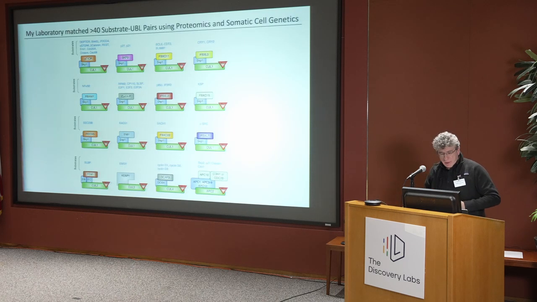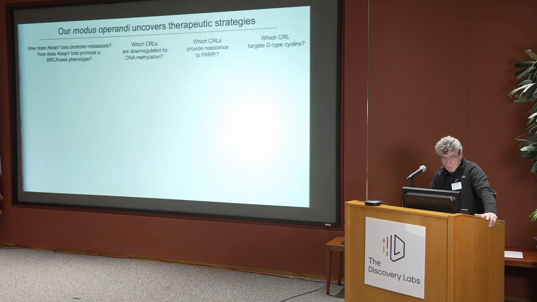Along the years, my laboratory has matched about 40 substrate-ubiquitin ligase pairs. We start in general from proteomics and somatic cell genetic studies to identify the initial hits. And then, of course, we validate them in cell systems as well as in animal models.